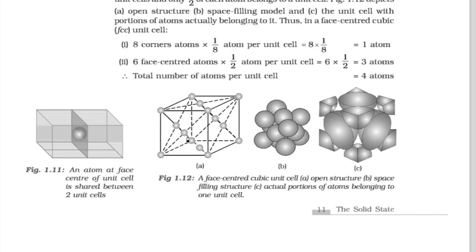As we know, the atom present at a face is shared by 2 unit cells. Therefore, its contribution in a unit cell will be 1 by 2. So, 6 multiplied by 1 by 2 atom per unit cell equals 3 atoms. The total number of atoms present in a unit cell will be equal to 4 atoms.